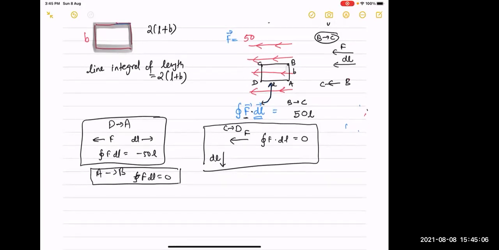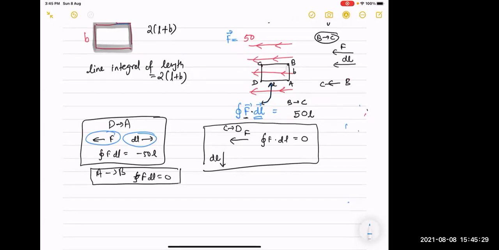Sir, what are those red arrows and blue? Are you talking of these arrows? In the rectangle ABCD over there. The red line is the field line. There is some field whose magnitude is 50 units.